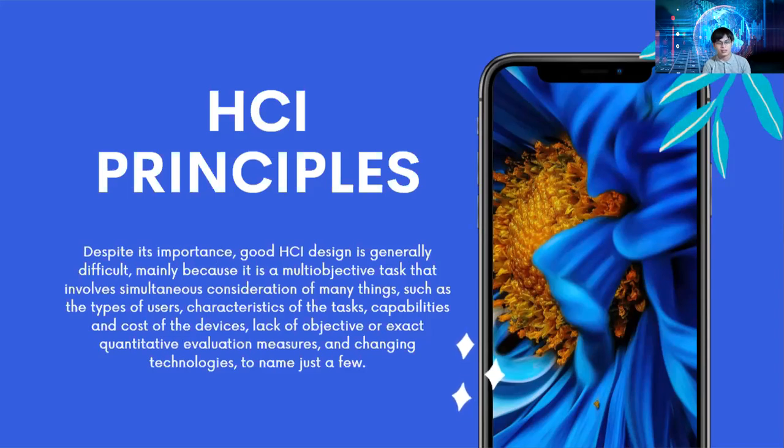The capabilities and cost of the devices. It's very important, the cost. Lack of objective: what is your objective? What is the purpose of the system or the software? Or exact quantitative evaluation measures and changing technologies, to name a few. So let's start with the first principle.